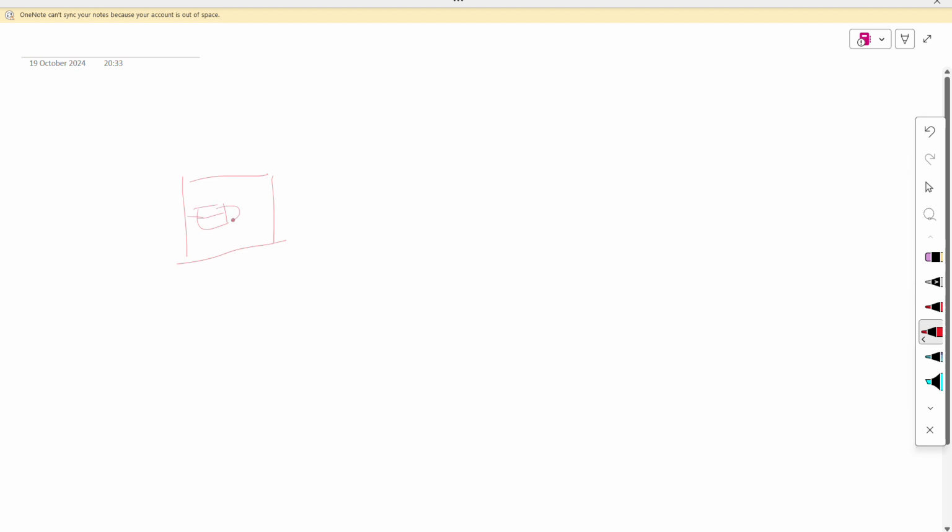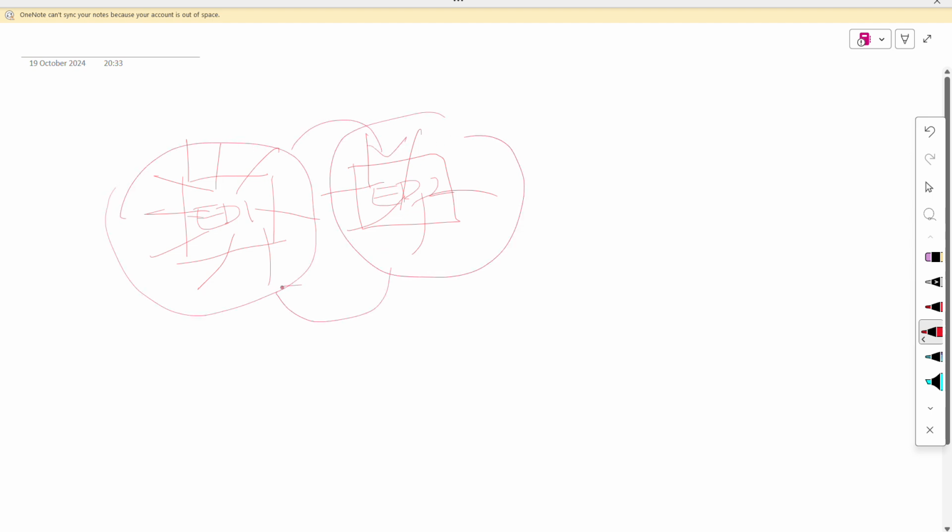Let's name them electronic device 1 and electronic device 2. Let's assume this is a mobile phone and this is something like a laptop. They tend to radiate externally through a medium. This radiation produced here will affect this device, and simultaneously this radiation will affect this device through a medium.